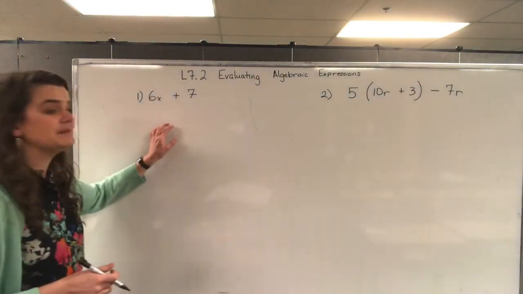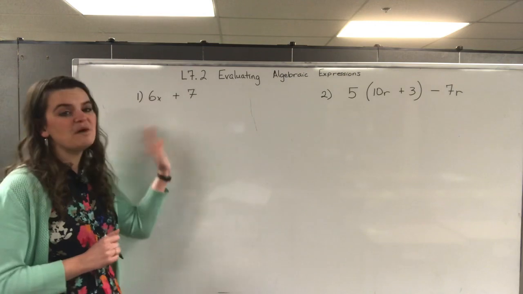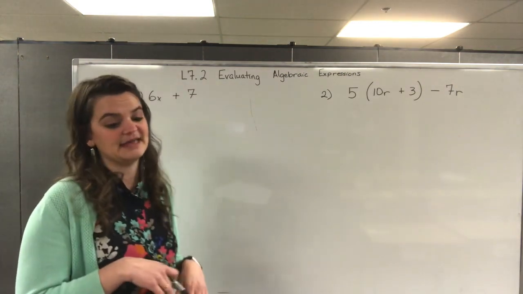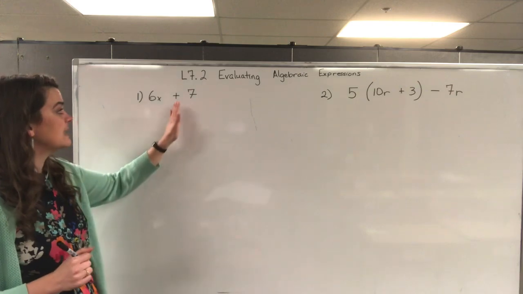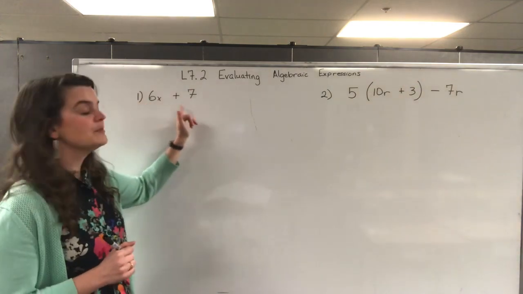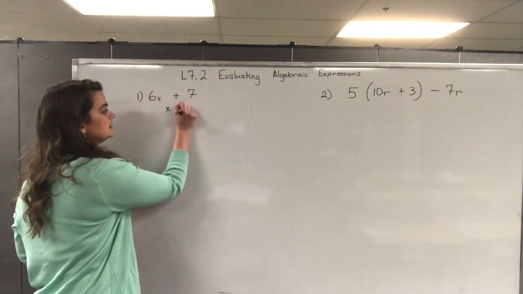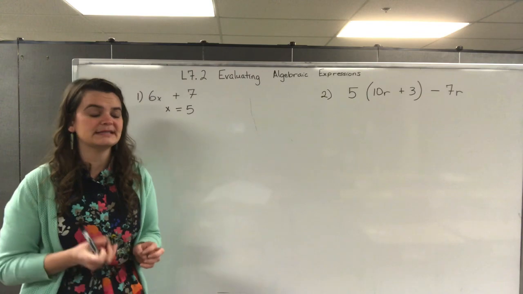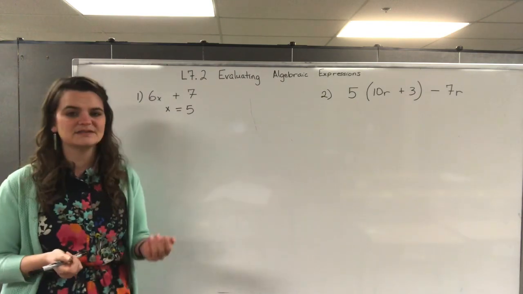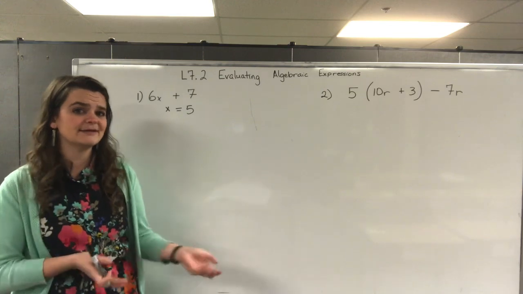So these were pretty much the problems that we stuck to yesterday. These really simple one-step, "oh, I could do that in my head" type problems. So this says 6x plus 7, right? And x equals 5. So if we're saying 6x plus 7, and we know x equals 5, well, we know 6 times 5 is 30, and 30 plus 7 is 37.